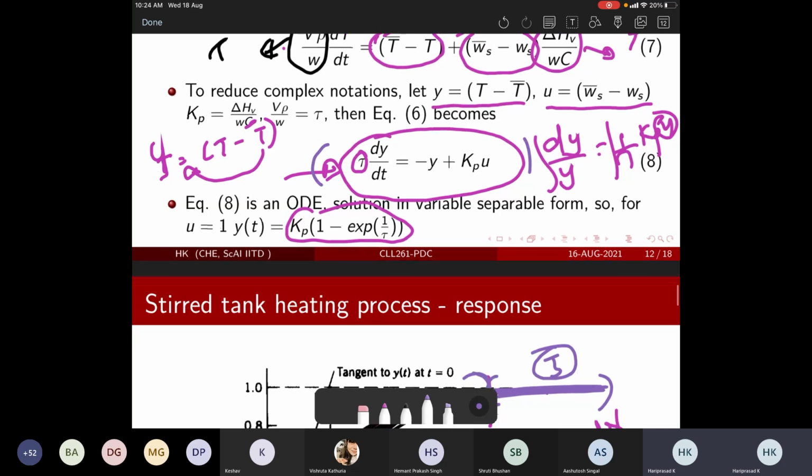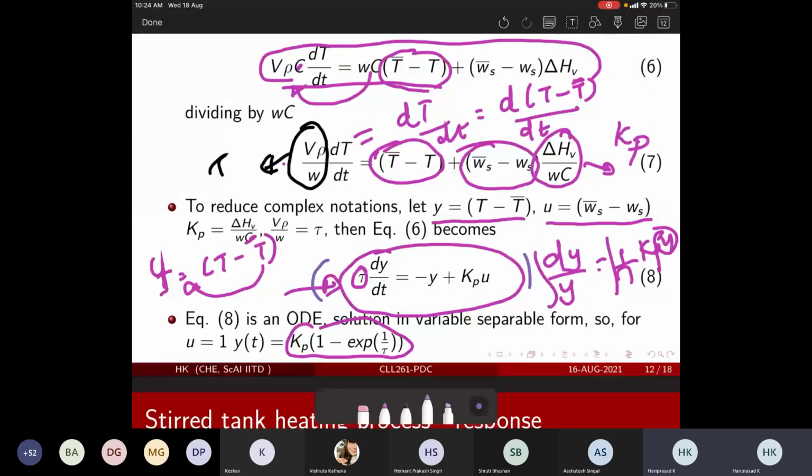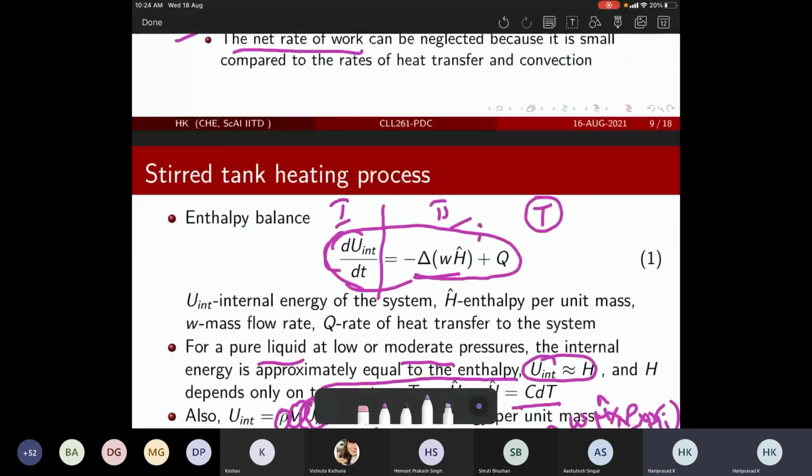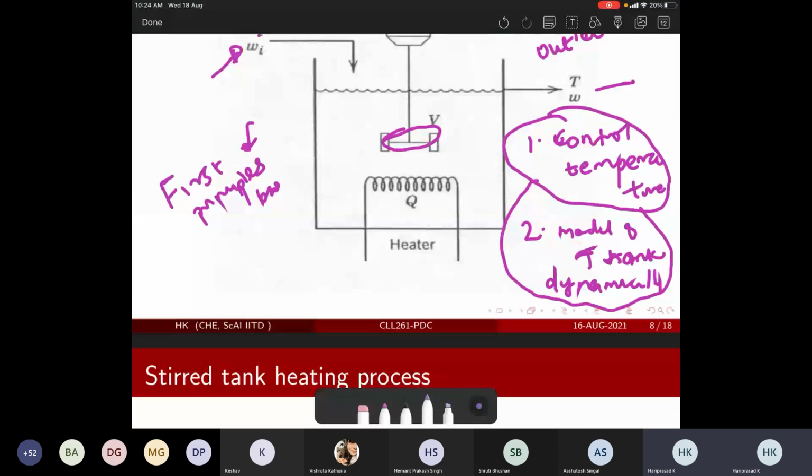Let's say your system is so complex. Let's say there are 2 heaters. Instead of one heating system, there are 2 heating systems. One is here, and you take an output and pass it over here. So it is a complex system.